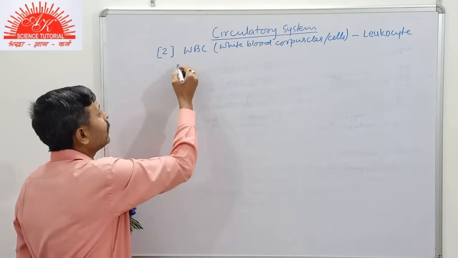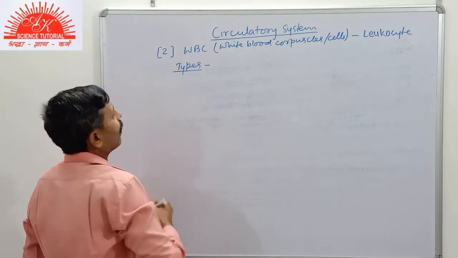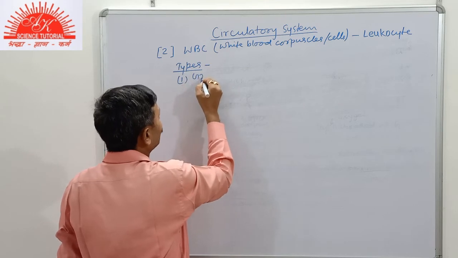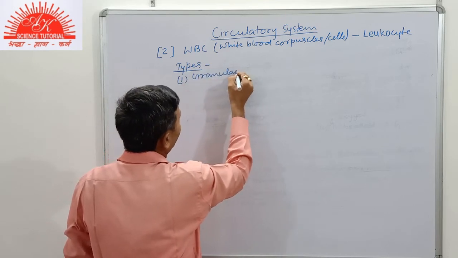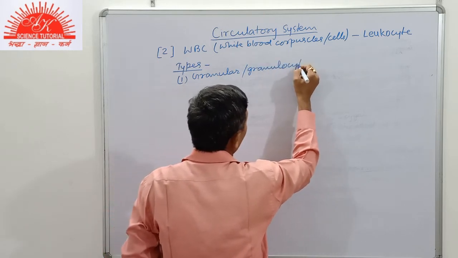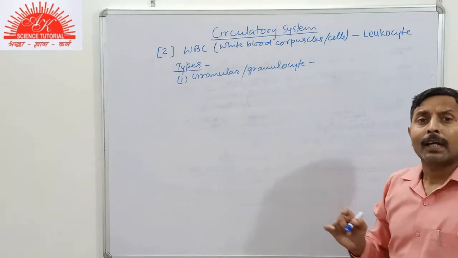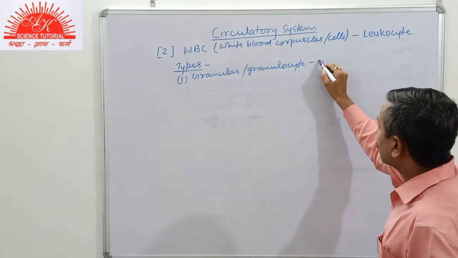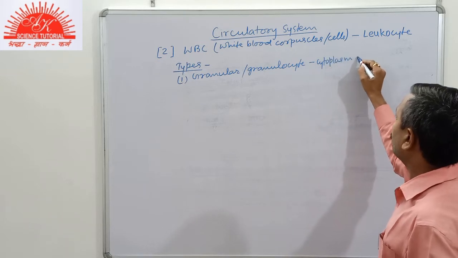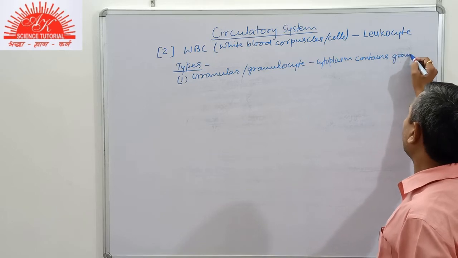So WBC is classified on the basis of, first it is granular or granulocyte. Now, as the name suggests, cytoplasm contains granules.